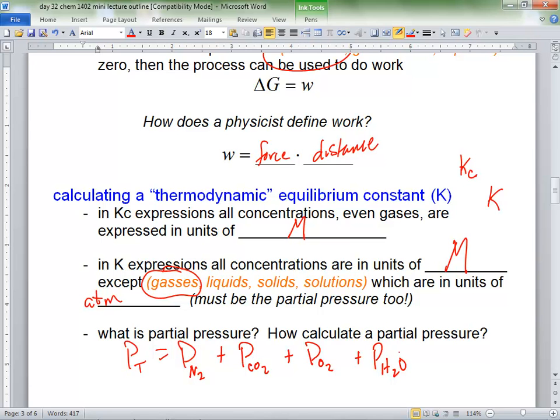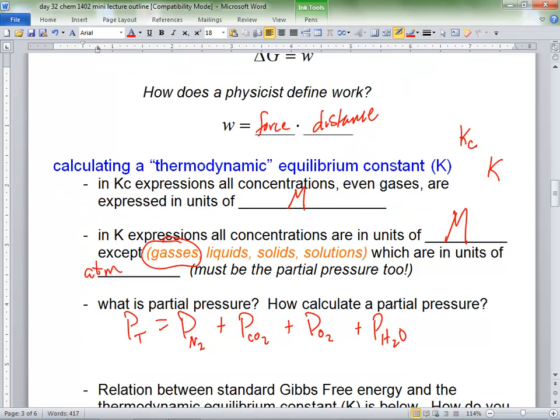Good. So if you add up all those individual pressures, dang, you'd have the total pressure in this room. All the partial pressures. How would you calculate any one of those? You'd use this law. What was this law called? The ideal gas law. And all you do is you pick one. Nitrogen. The partial pressure of nitrogen.